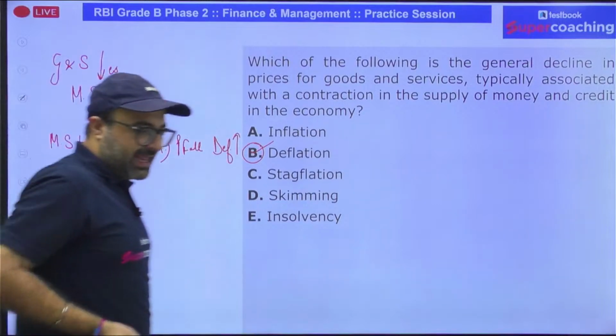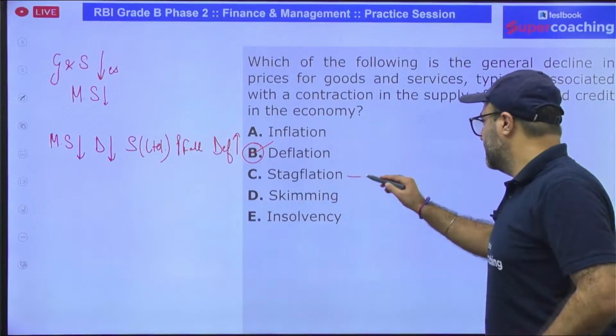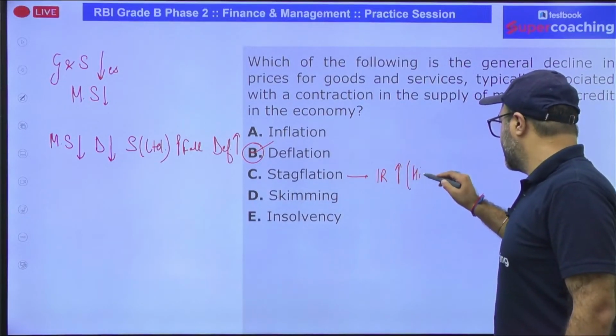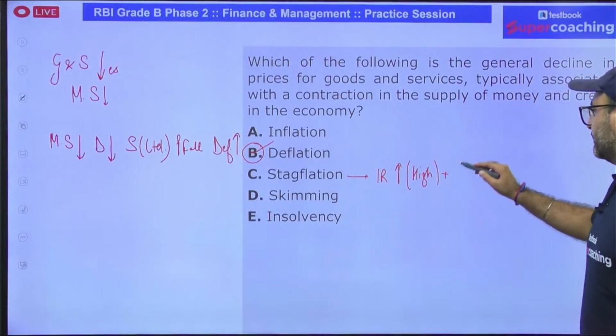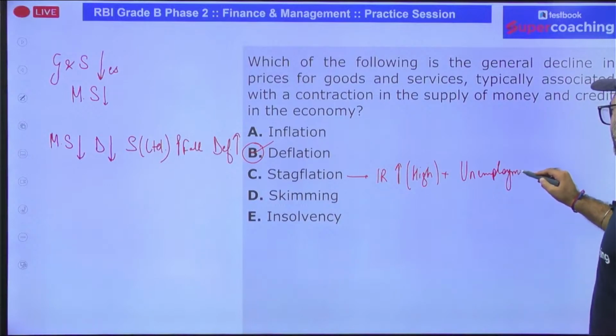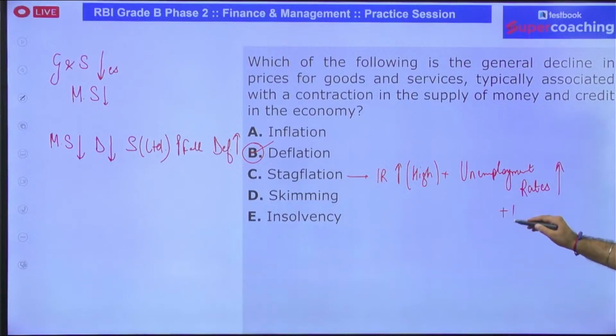So what is stagflation? Stagflation is basically a situation where inflation rates are high, along with that unemployment rates are high, and not only unemployment rates, along with this we have low liquidity in the market.